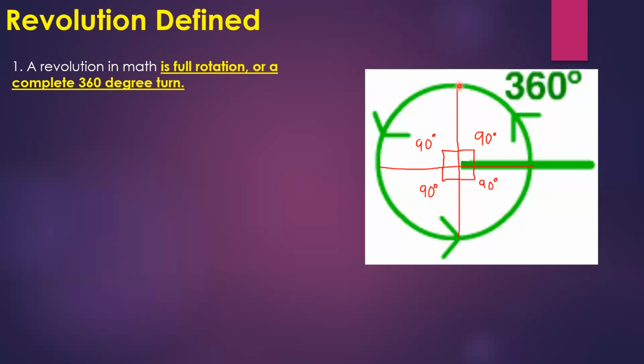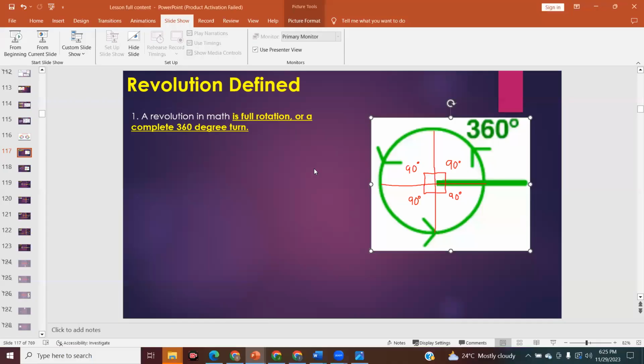That's going to be 90. And from here to here, another 90, and another 90, and another 90. And 90 plus 90 plus 90 plus 90 gives us what? 360 degrees. Good. Make sure you draw the image that's on the right-hand side, please, showing the revolution.